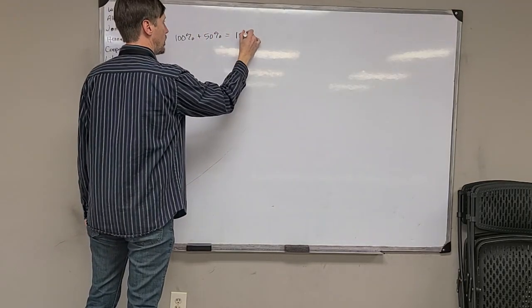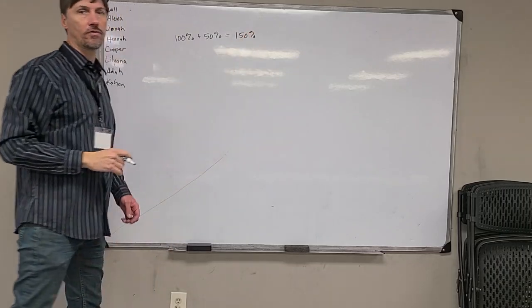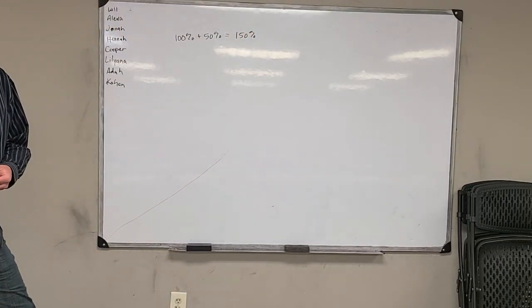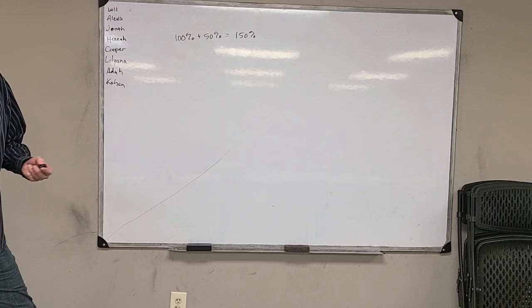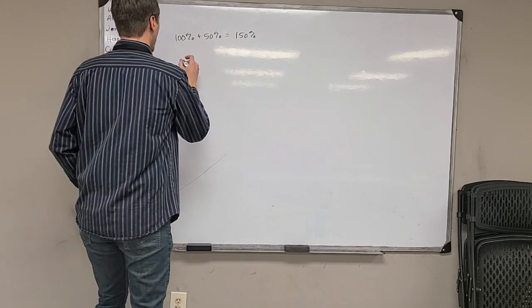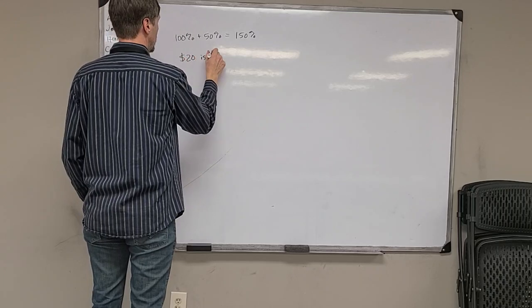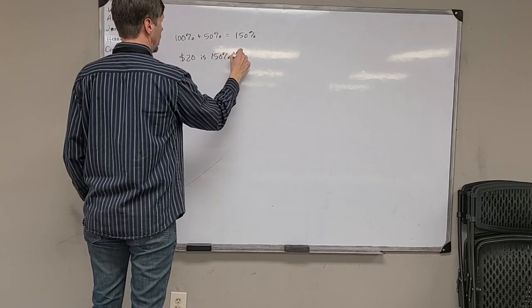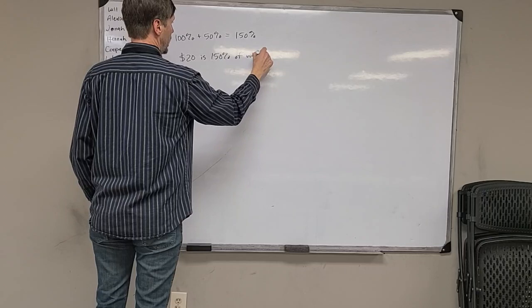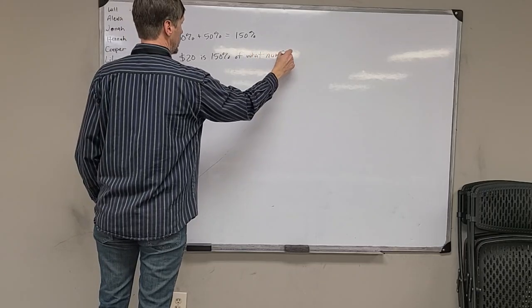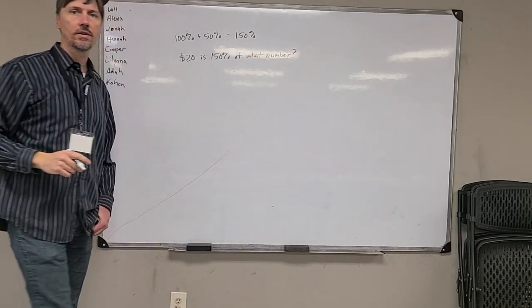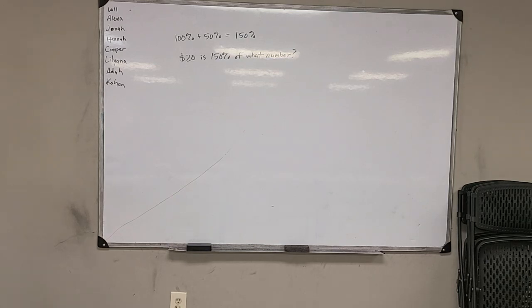So the final price that I'm paying is 150% of the original price of what the store paid. Okay? So $20 is 150% of what number? That's really the math problem that we need to do in order to figure out what the store paid for the product.